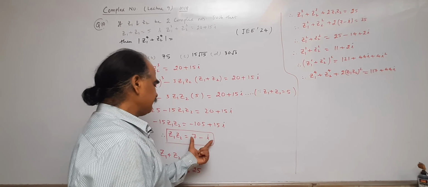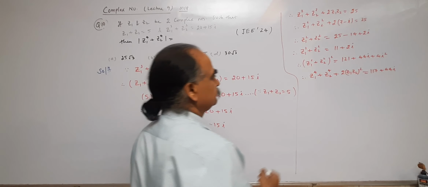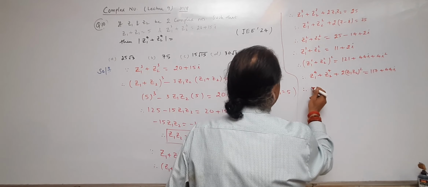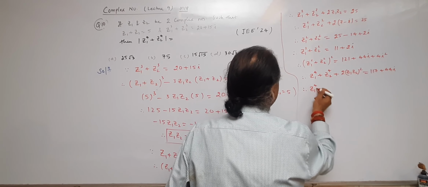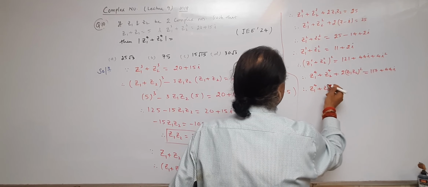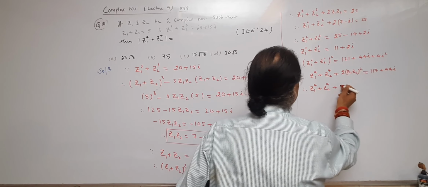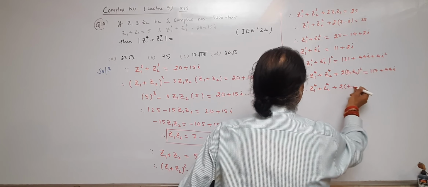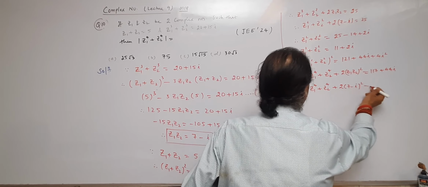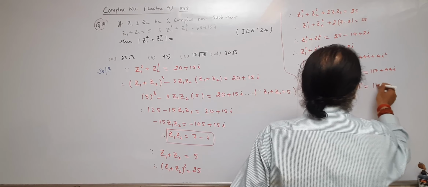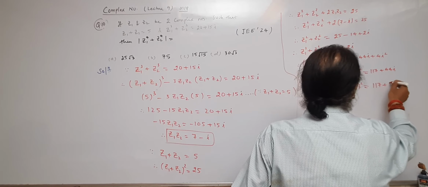Z1 Z2 we got 7 minus i. So Z1 raised to 4 plus Z2 raised to 4 plus 2 into 7 minus i square is 117 plus 44i.